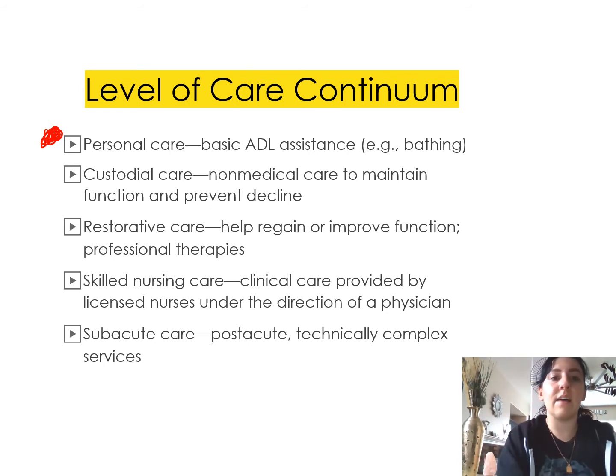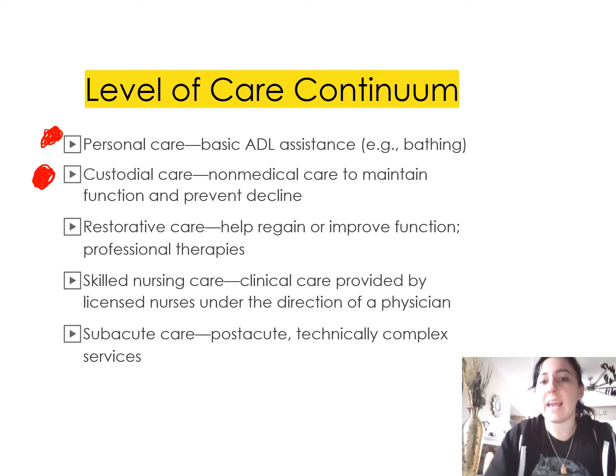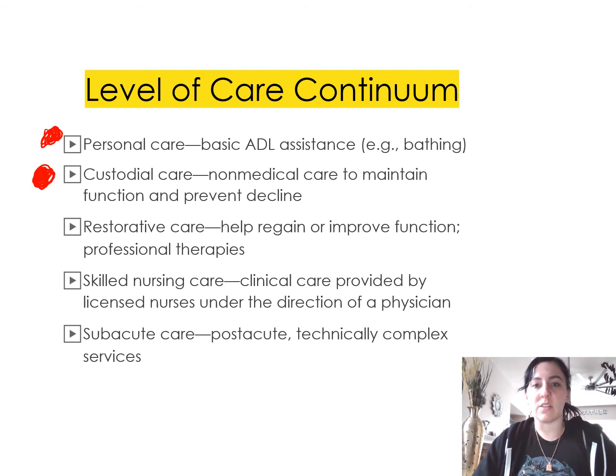Okay. Next we have custodial care, which is still caregiver level care, or even CNA level care. So it's just a little step higher than personal care. This type of care is really there to help the patient maintain what function they still have.